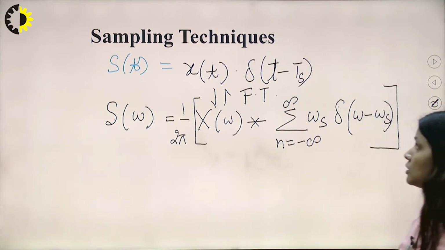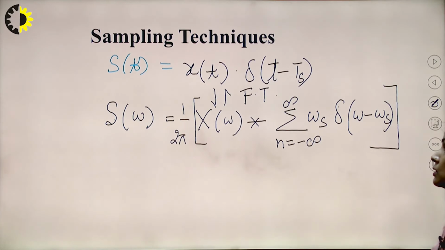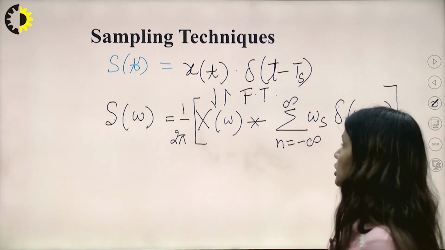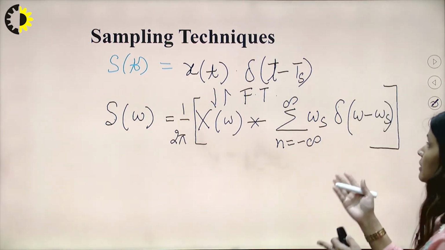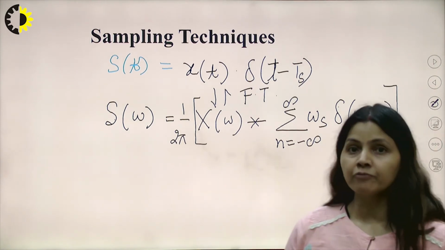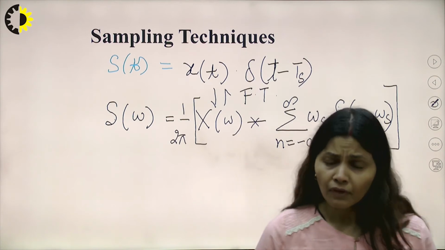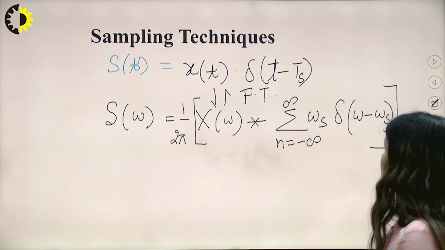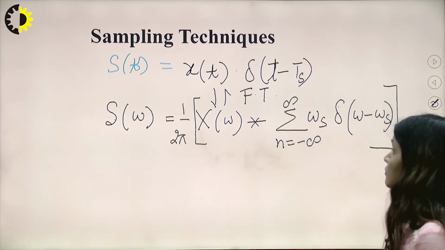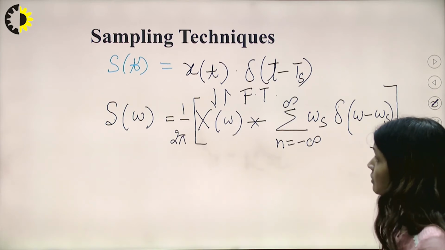So this is my convolution for the resulting signal. The spectrum for S(omega) would be only this one. So we have found the spectrum formula.